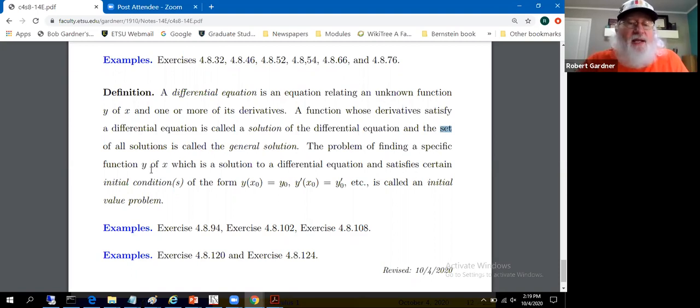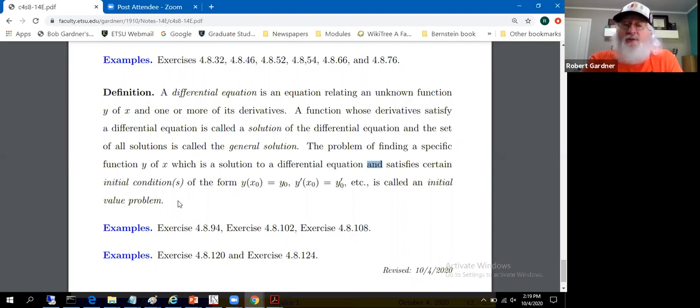The problem of finding a specific solution y of x, which is a solution to the differential equation, and satisfies certain initial condition or conditions by giving you a value of the function at a point, the value of the derivative at a point, the value of the second derivative at a point, and so forth, is called an initial value problem.